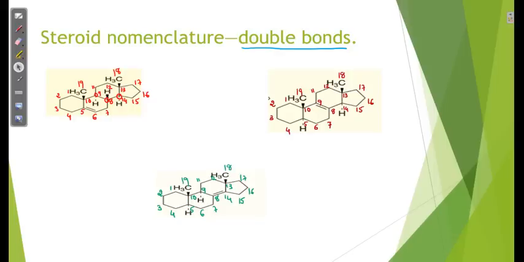Let us see if I have a double bond like this. I give the number 1 to this, 2, 3, and 4.